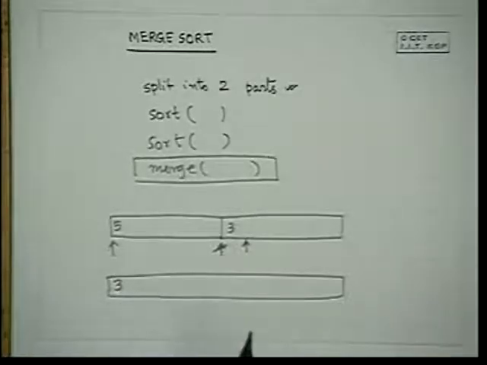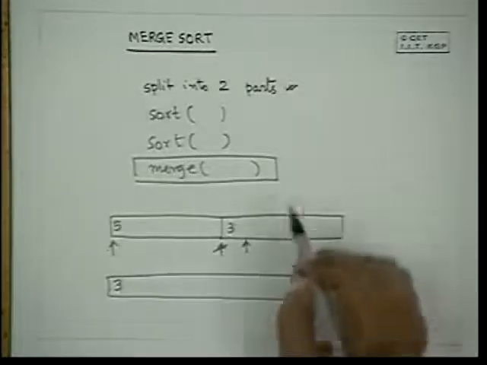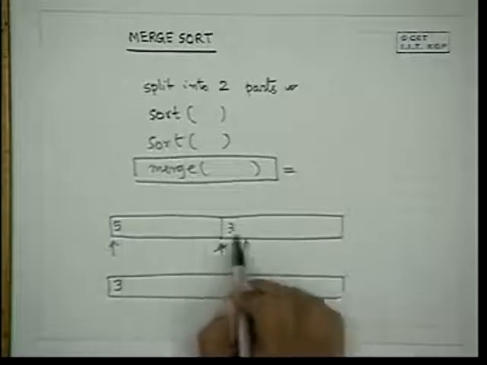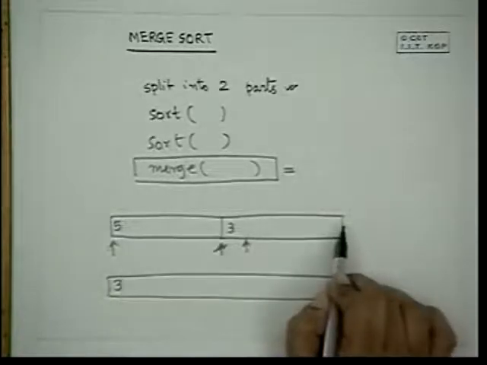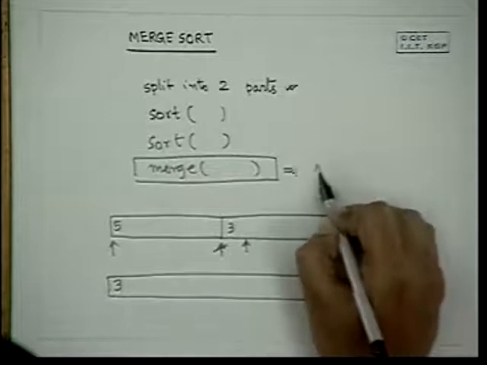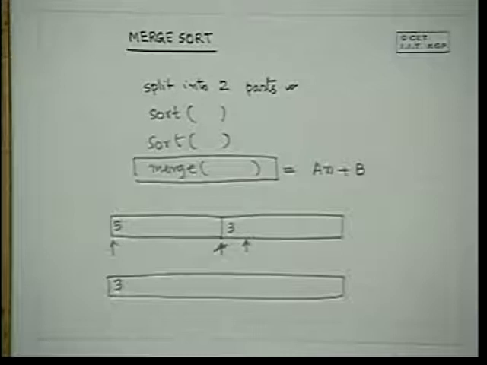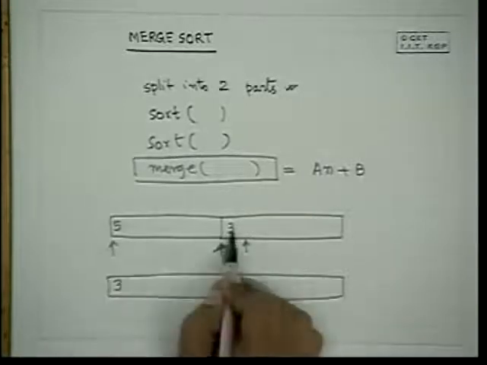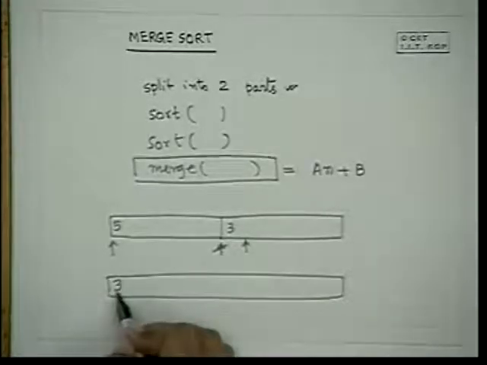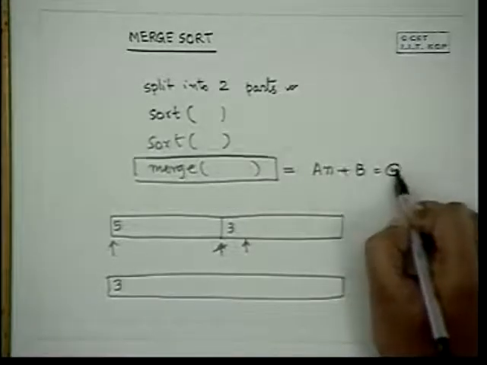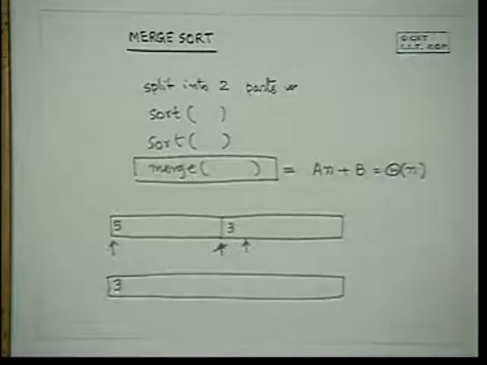So for merging m1 plus m2 numbers, so total of n numbers, my complexity will be of the form like this, no more than this, because I do not have to do more than n comparisons and more than n such assignments here. That's all I have to do. So merging of n elements is order n time.